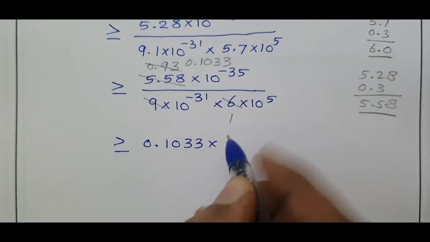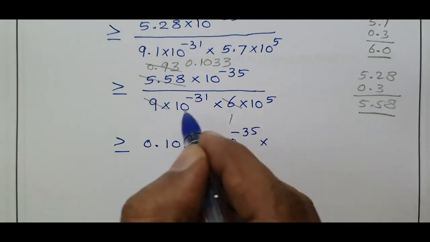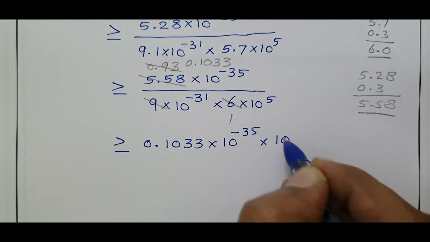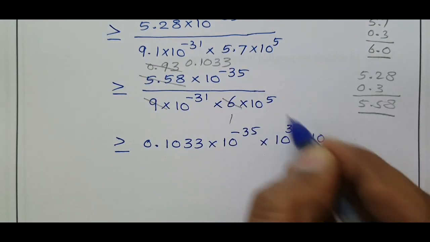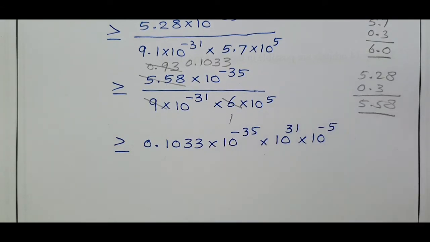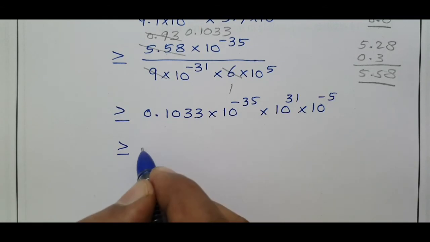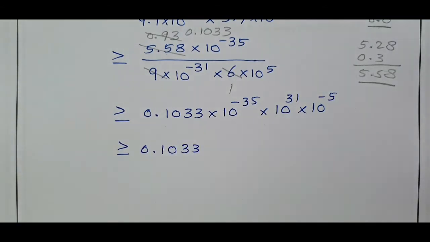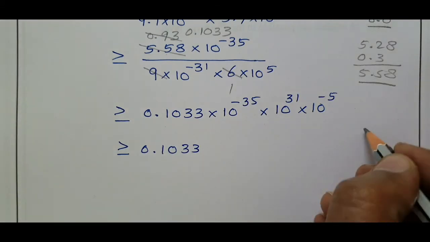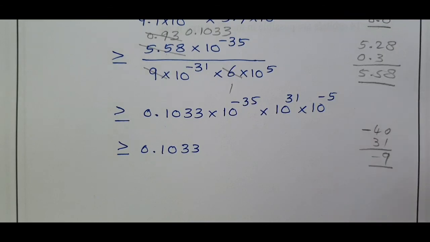0.1033, and in the numerator we have 10 power minus 35. Bring these two values to the numerator: 10 power minus 31 becomes 10 power 31, and 10 power plus 5 becomes 10 power minus 5. That is equal to 0.1033 into 10 power minus 35 minus 5 plus 31, which equals minus 9.